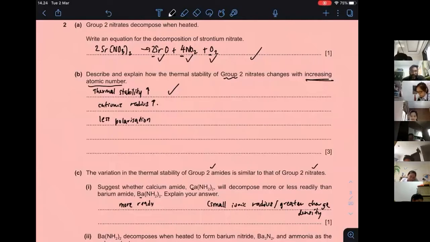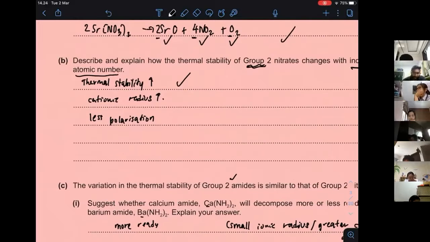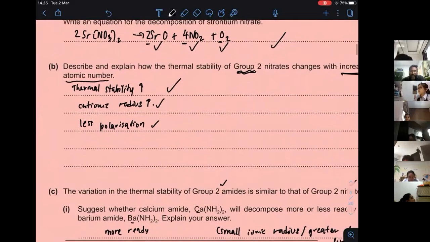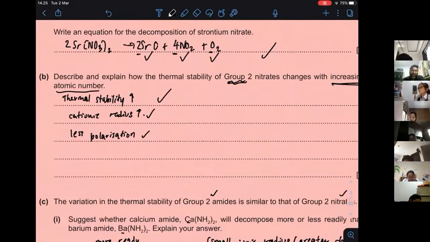Okay, let's continue. So here, the thermal stability is going to increase. Why? Because as you go down the group, the cationic radius, meaning the group 2 cation, the radius is going to increase. When the radius is increasing, you are going to get less polarizing ability towards the nitrate, or you can say the electron clouds are going to be less distorted.